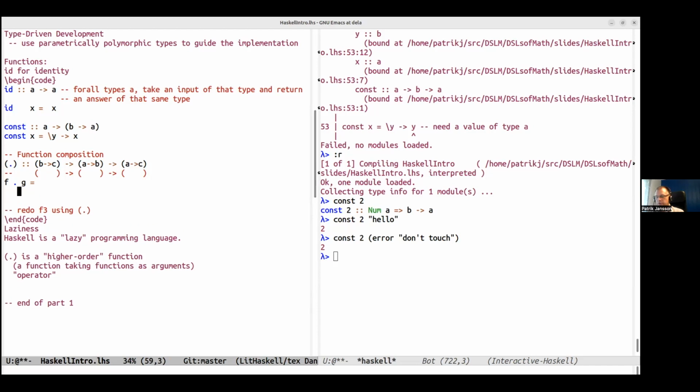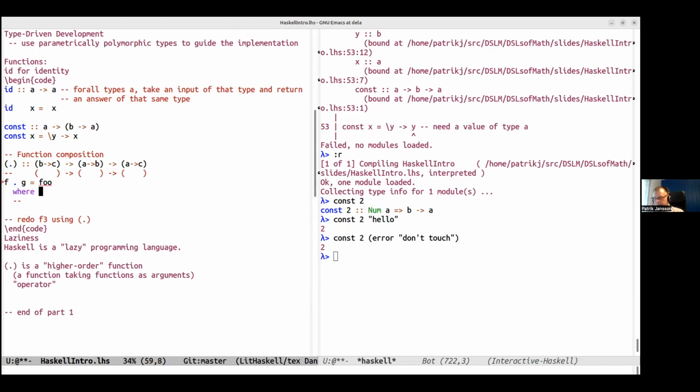First, what is the type of the result? The result here, maybe we can call it foo, and then we can say where foo equals something. So foo has type A arrow C. And that means that foo is a function. It takes some x input and it returns some value of type C as output.